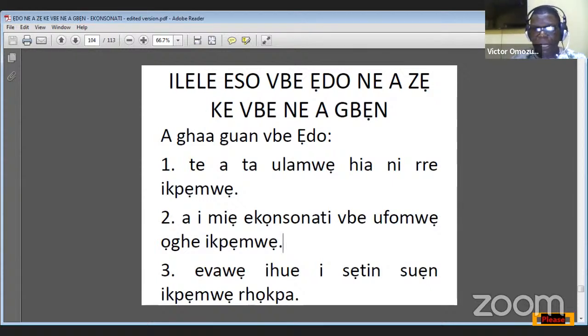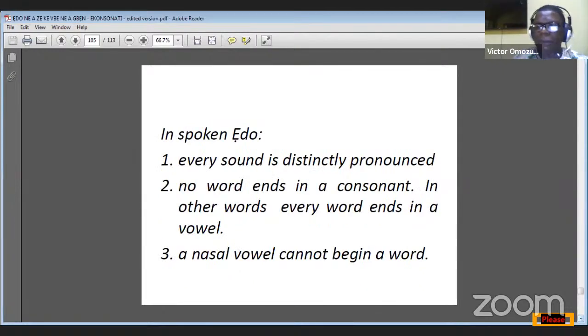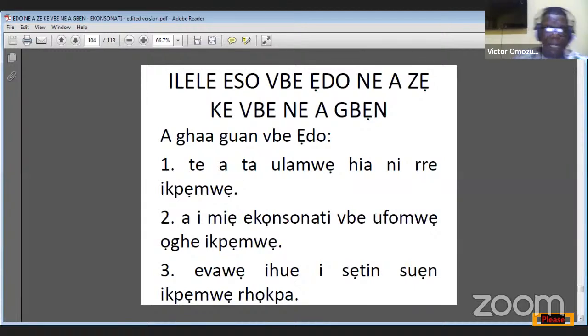Three. So a nasal vowel cannot begin an Edo noun because every noun begins with a vowel and ends in a vowel.